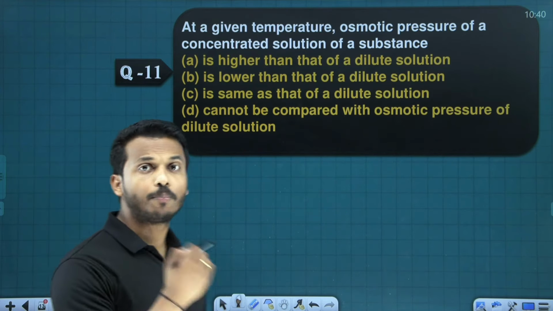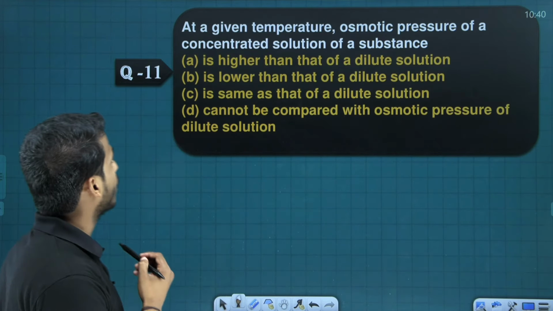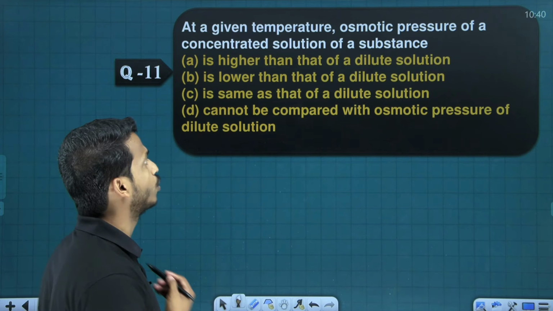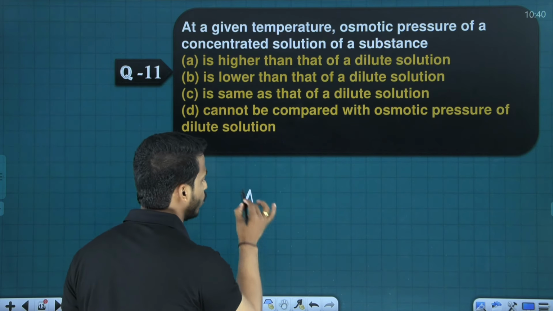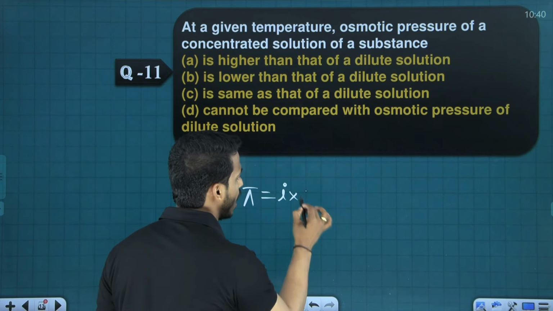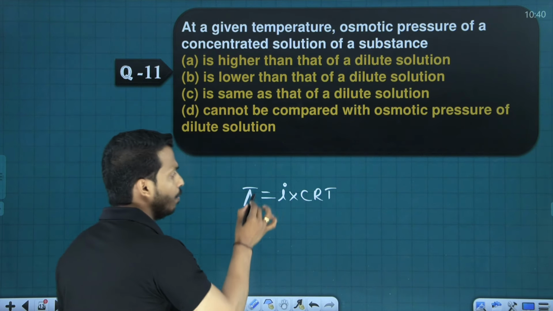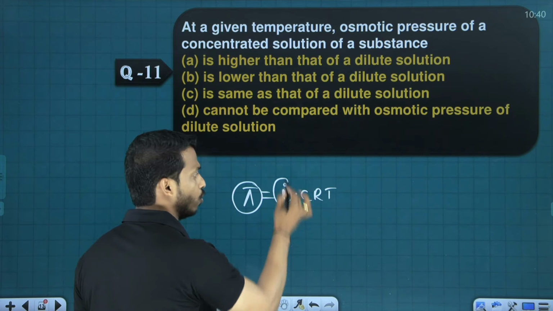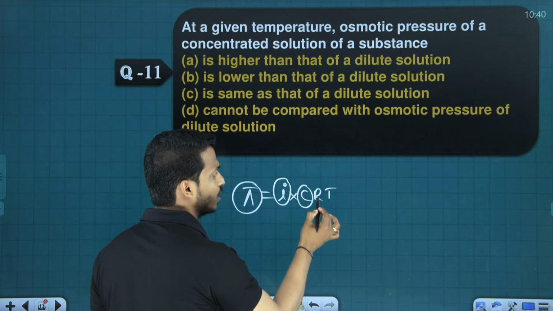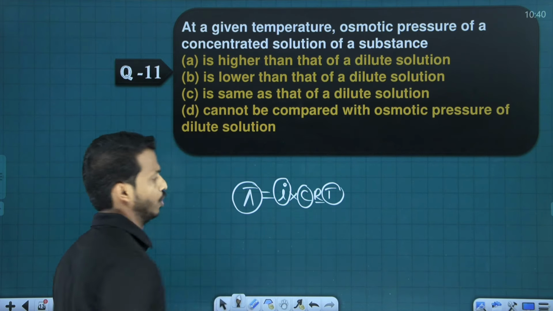At a given temperature, what about the osmotic pressure of a concentrated solution of a substance? What is the expression for osmotic pressure? Pi equals i into CRT. It means pi is directly proportional to the Van't Hoff factor, the concentration, R is a constant, and the temperature.